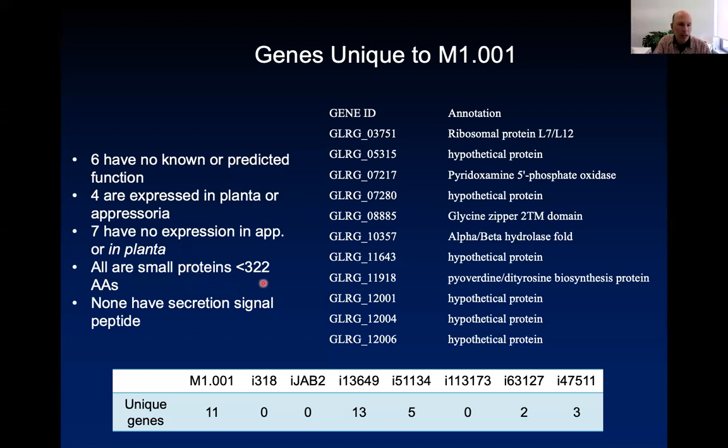But what's interesting is that all of them are small proteins. But what's also interesting is that none of them have a secretion signal. So we thought that by looking at these unique genes, we might be able to find candidate effectors. But that turns out not to be the case, because if they don't have a secretion signal, they're not likely to be an effector, because an effector should be secreted out of the cell so that it can interact with the plant.